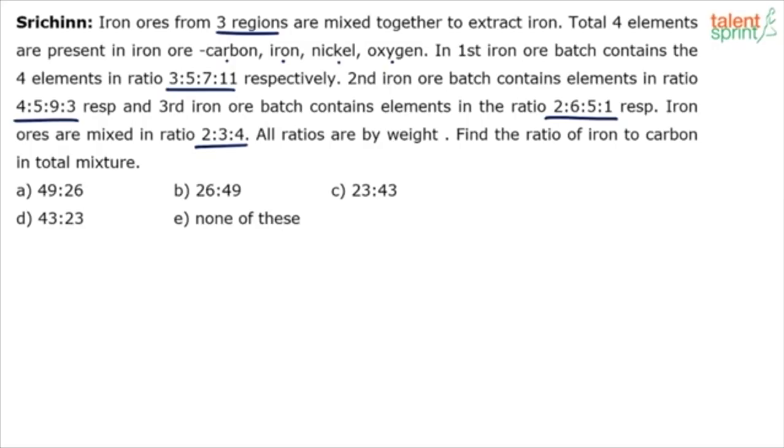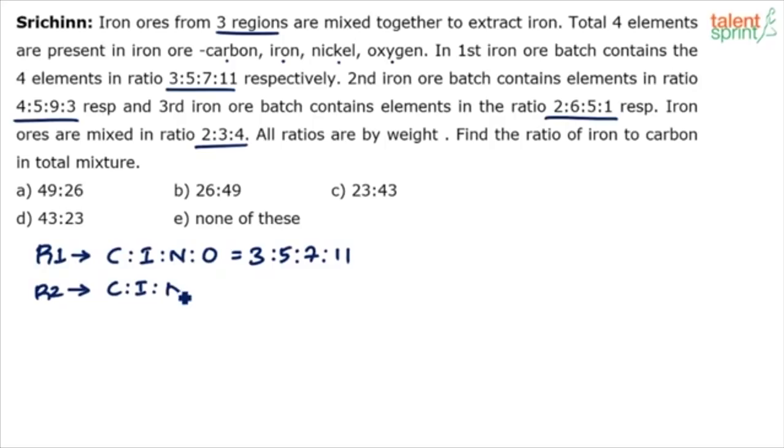All right, so how do we solve it? Look at this. In region 1, the ratio of C to I to N to O is 3:5:7:11. In region 2, the same ratio, carbon, iron, nickel, oxygen, is 4:5:9:3.